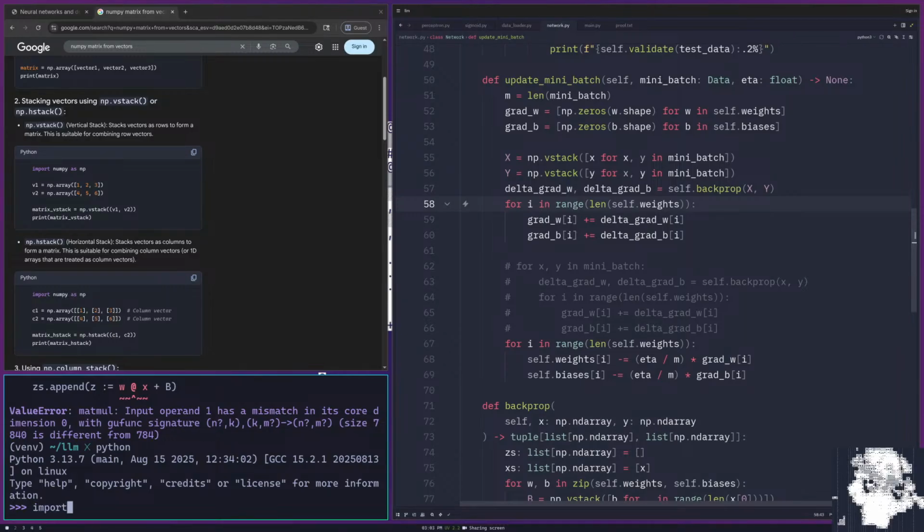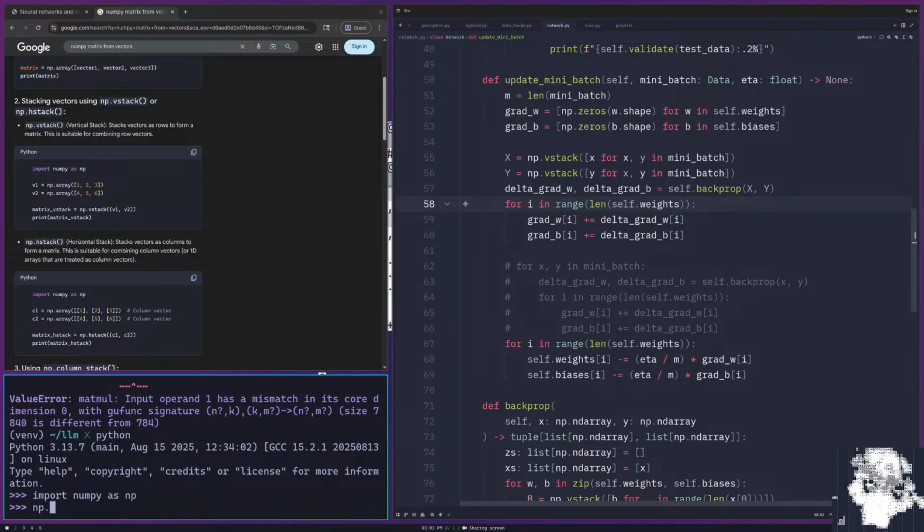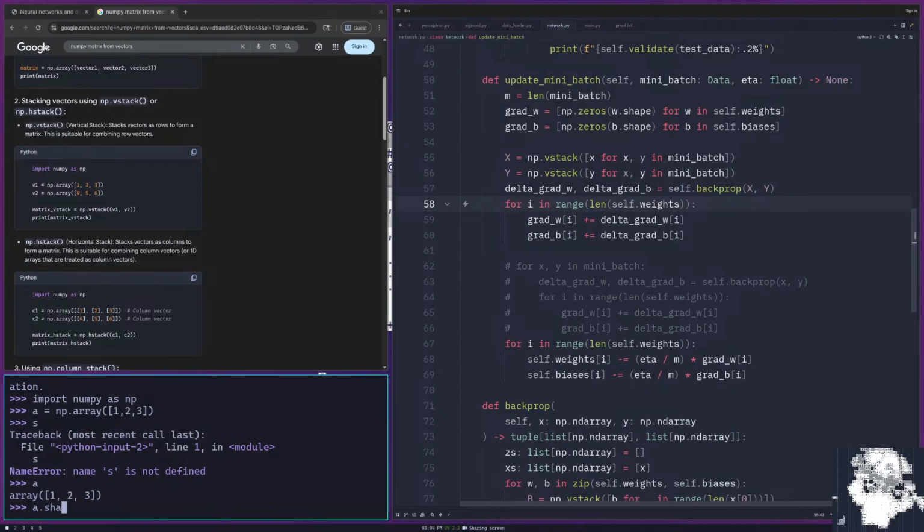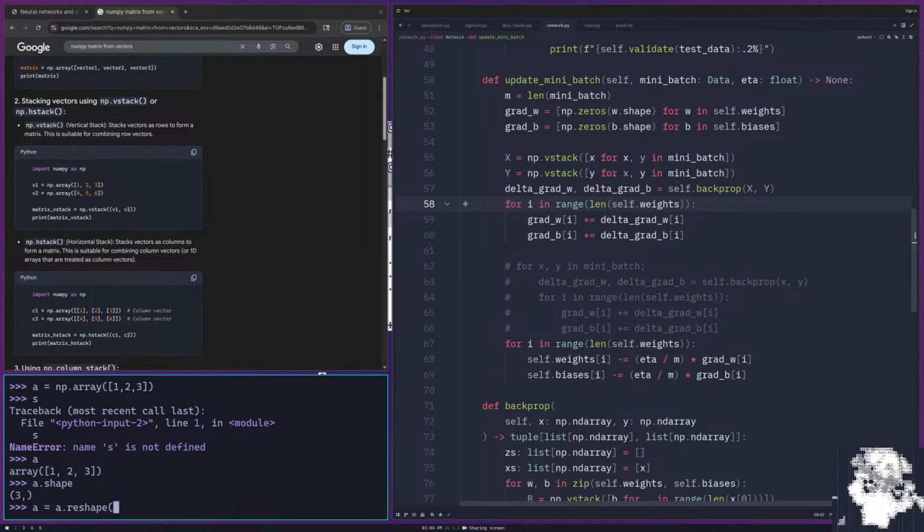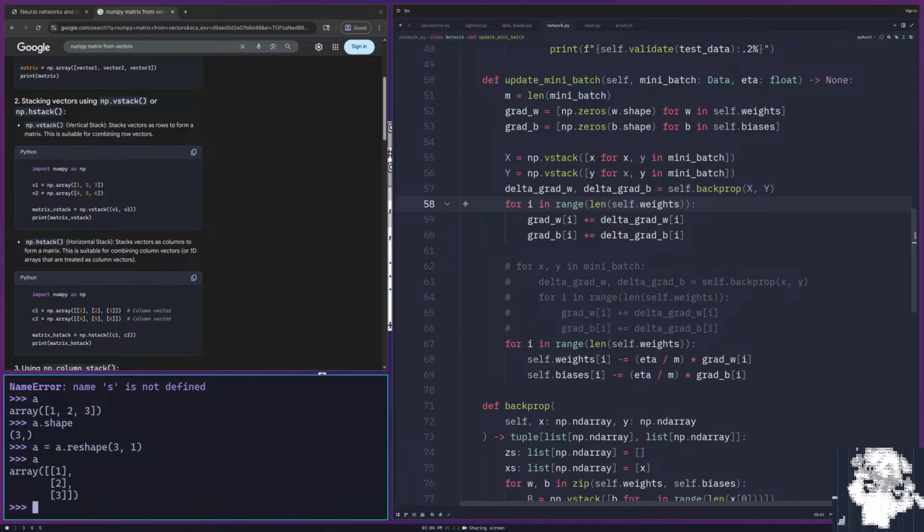Python, import numpy as np, np.vstack, or how about a equals np.array 1, 2, 3, a.shape, a equals a.reshape 3, 1, okay, np.vstack a.